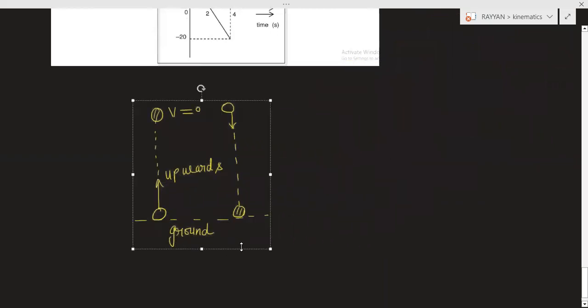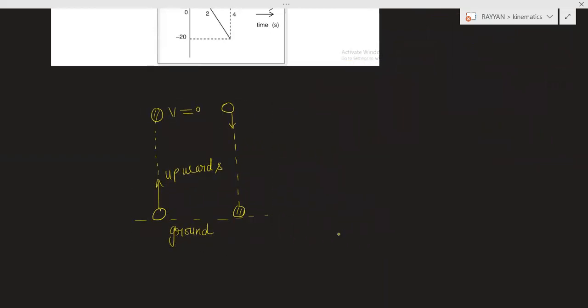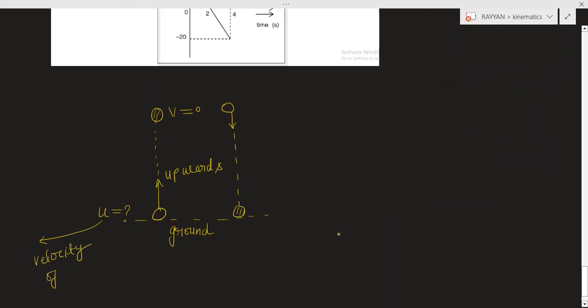It means the initial velocity with which you have projected the body. Okay, this is the velocity of projection.